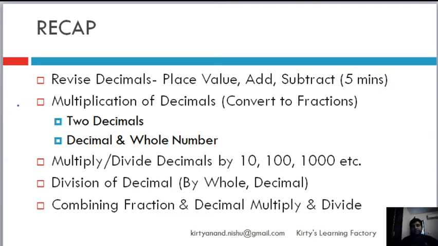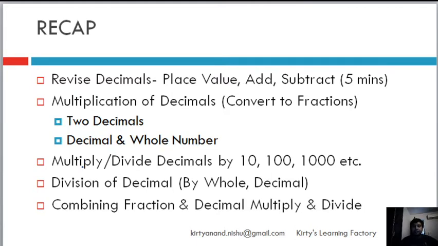That's how we learned that the whole method of adjusting the place in which the decimal will come in is a derivative of converting to fractions and multiplying. Then we learned multiplication of a decimal and a whole number.